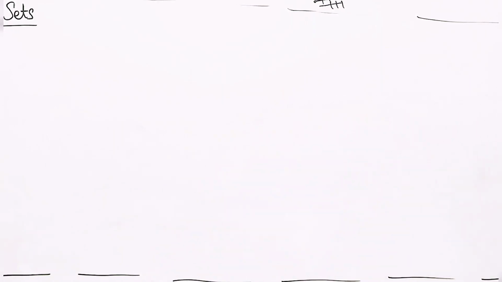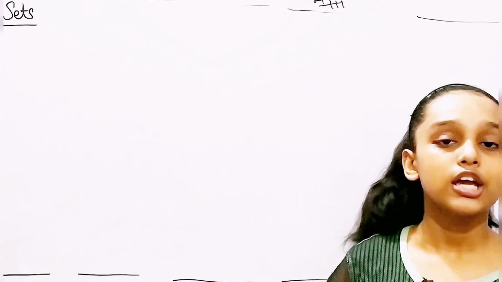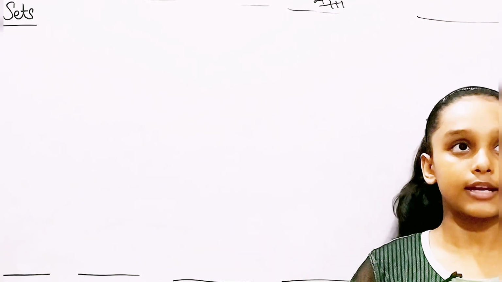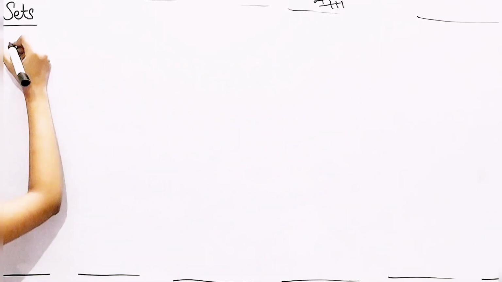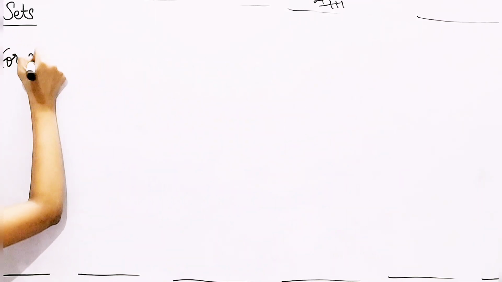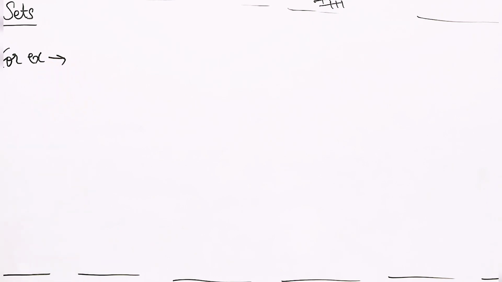So I've rubbed the board, and we have seen that the interval contains infinitely many points, isn't it? Let's take an example based on the intervals topic. I'm going to take an easy example so that you can understand it clearly.